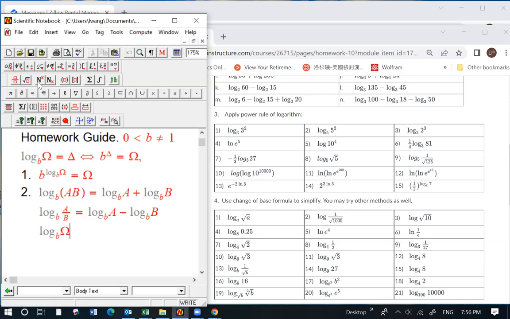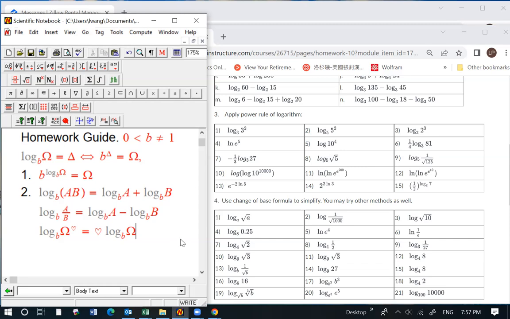We have omega to the power of, I use whatever symbol, it's just a placeholder, it really doesn't matter, and that piece stays over there. So you can just bring down the power and put it in front of the logarithm. So in homework number 3, you get to use all of these properties, not just for one. You can use them in different ways.